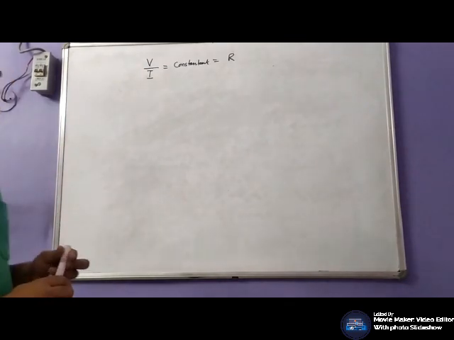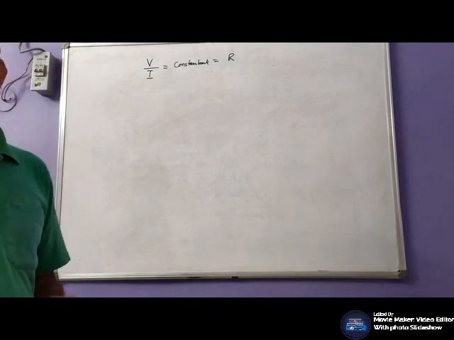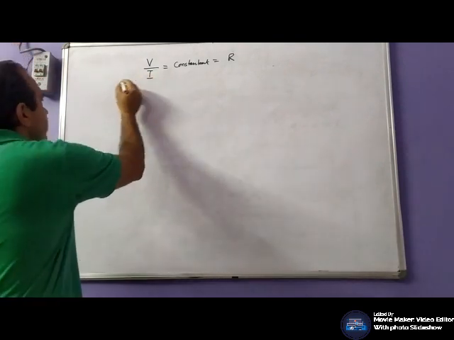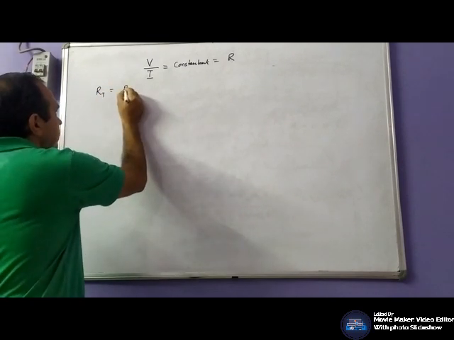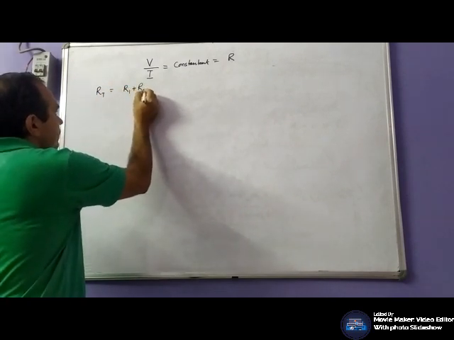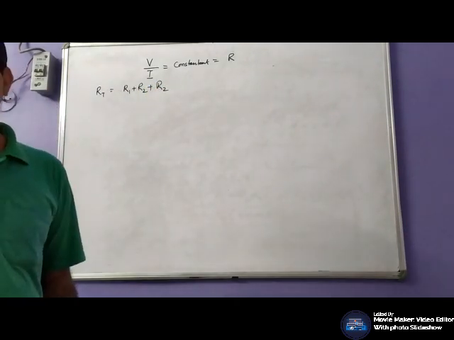Thereafter we discussed resistances connected in series, and we found that the equivalent resistance is simply the arithmetic sum of the resistances.